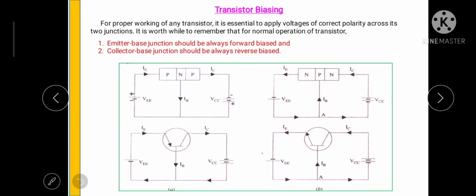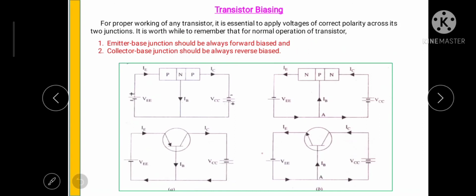First rule: the emitter base junction should always be forward biased. Whatever the transistor may be, it should always be forward biased. Second rule: the collector base junction should always be reverse biased. Again, in any transistor, the collector to base junction should always be reverse biased.